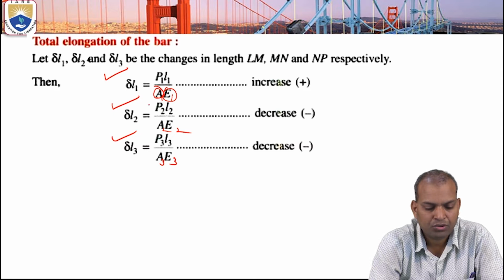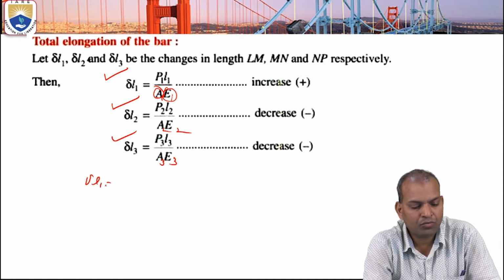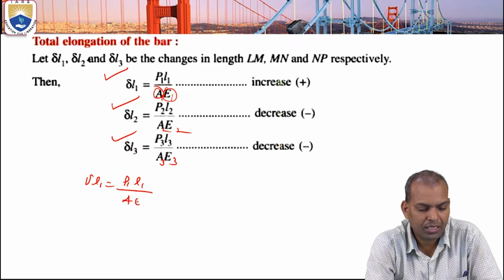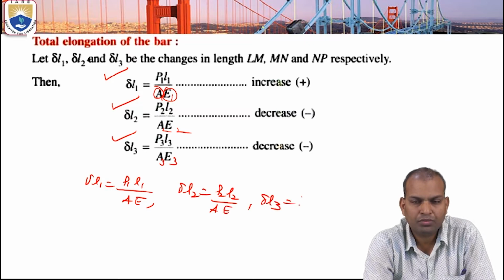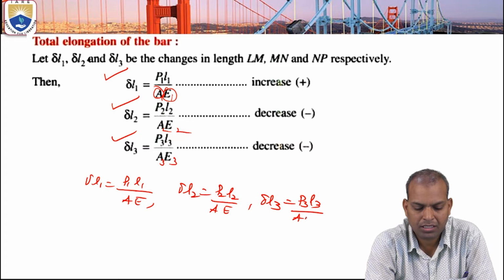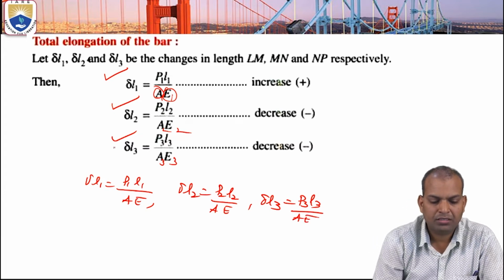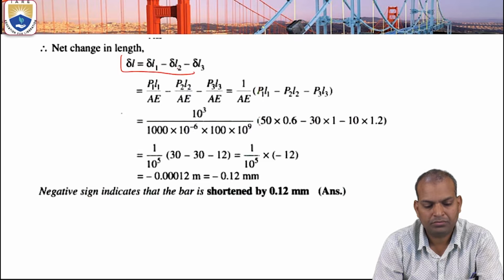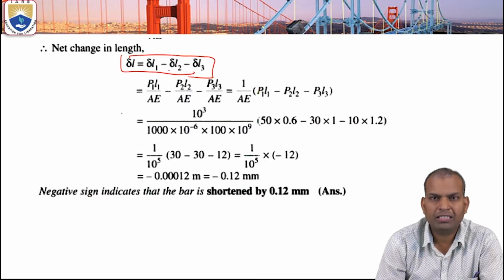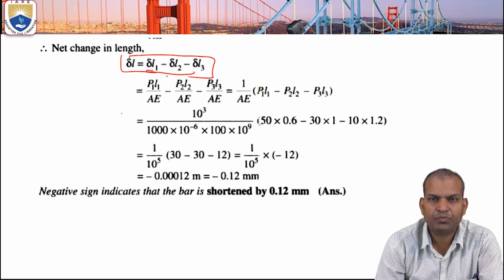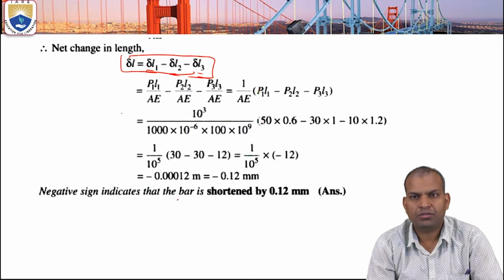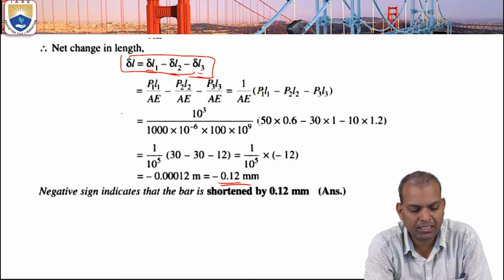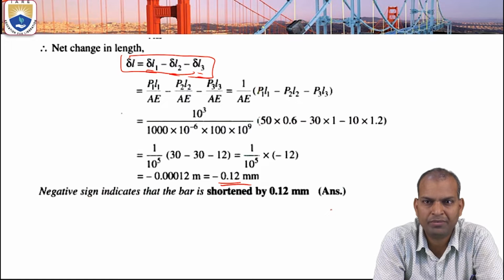So delta L1 equals P1 L1 by AE, delta L2 equals P2 L2 by AE, delta L3 equals P3 L3 by AE. These are after substitution. Why is it negative? Because it is decreasing. Delta L1 is increasing, positive. Delta L2 is decreasing, negative. Delta L3 is also decreasing, negative. Substitute all the values and you get negative 0.12 millimeters.